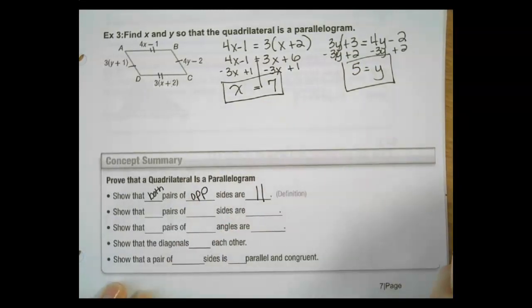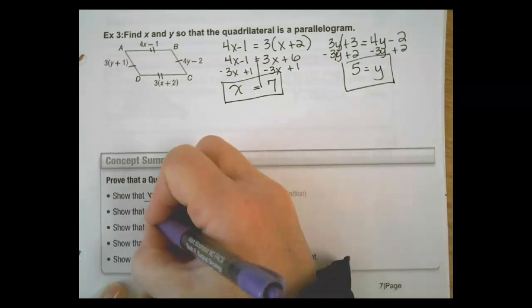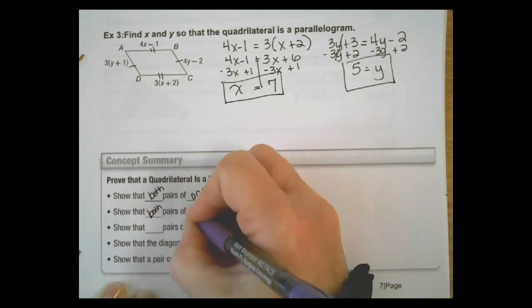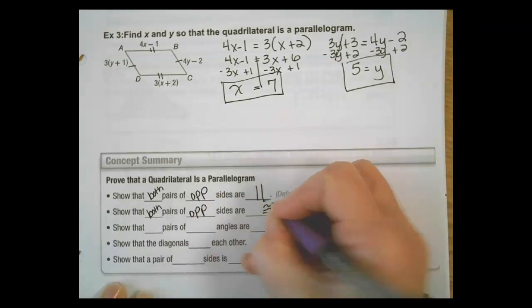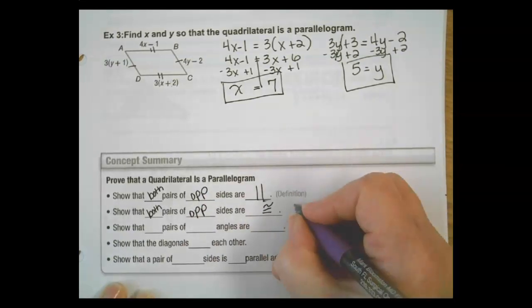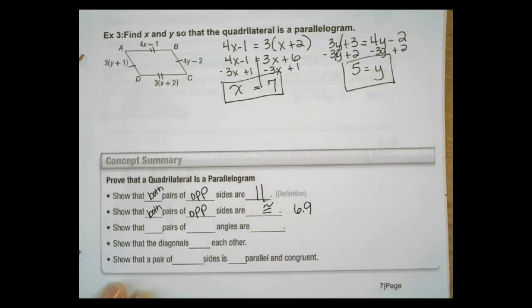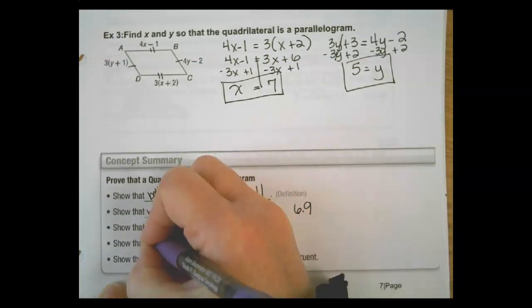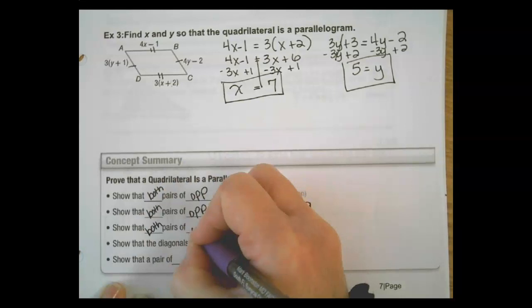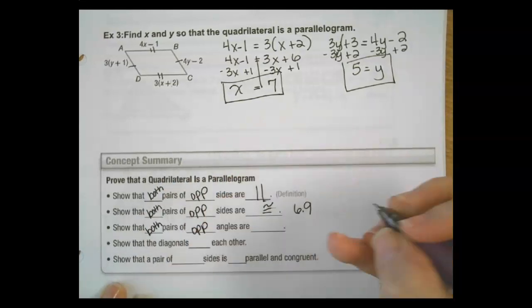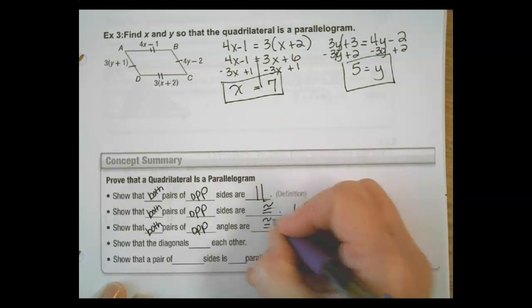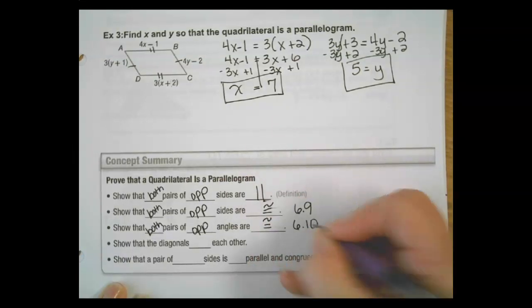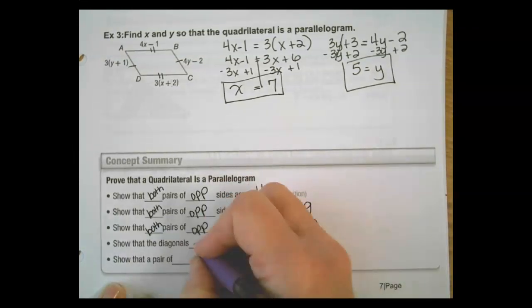That's the definition. Show that both pairs of opposite sides are congruent. That's 6.9. Show that both pairs of opposite angles are congruent. That was 6.10. Show the diagonals bisect each other.